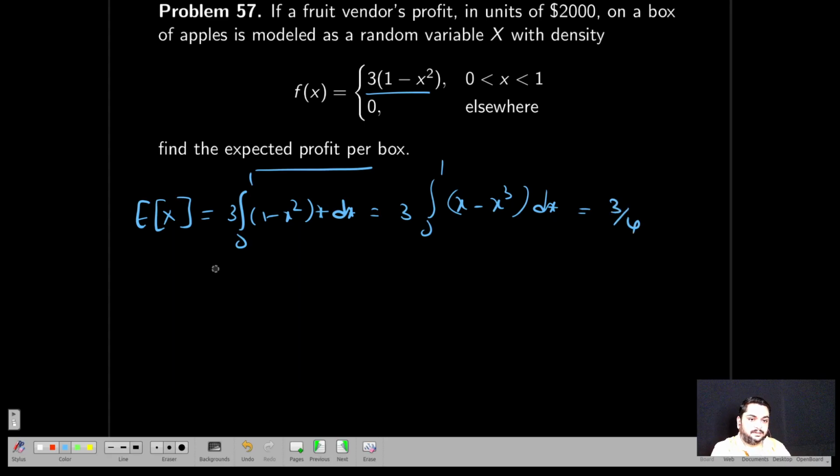So 3 by 4 is the total goods sold. So what is the expected profit? 3 by 4 into 2000. So this will be 1500 is what he can earn, expected earnings.